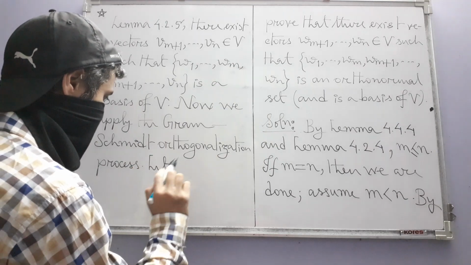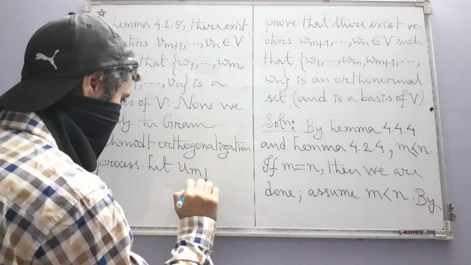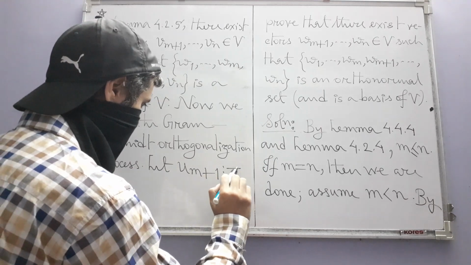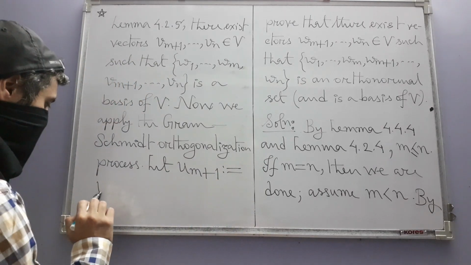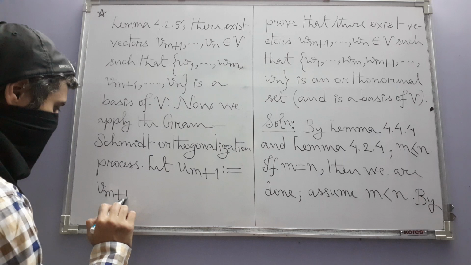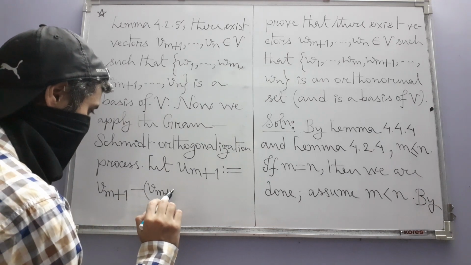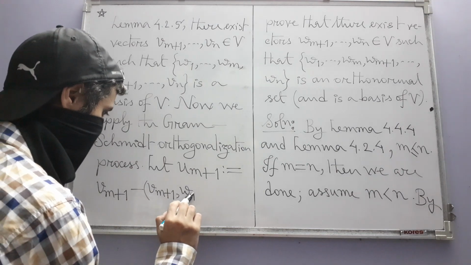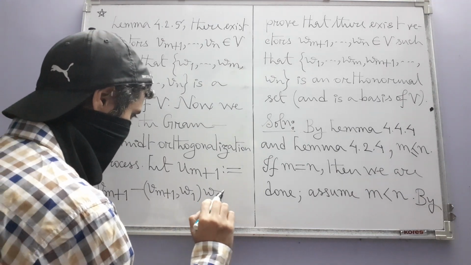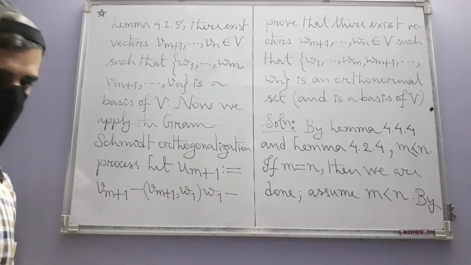Let us call that vector Um plus 1. It's defined to be equal to Vm plus 1 minus the component of Vm plus 1 along W1, and like that it goes.